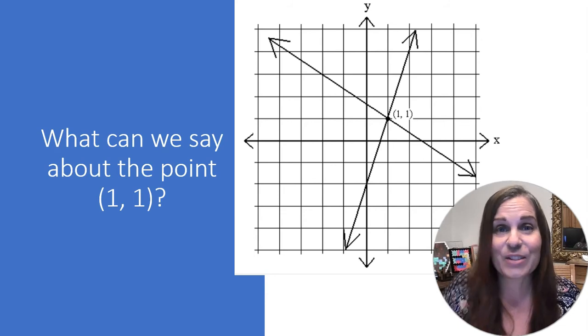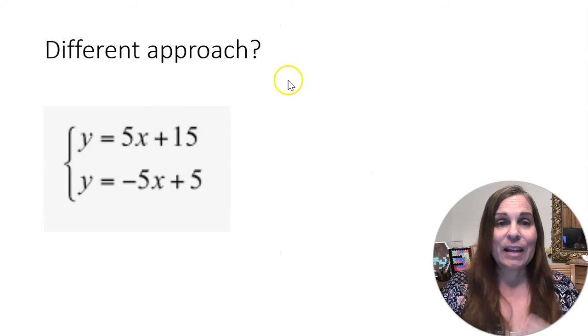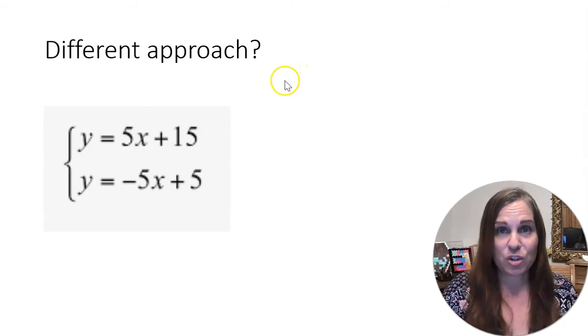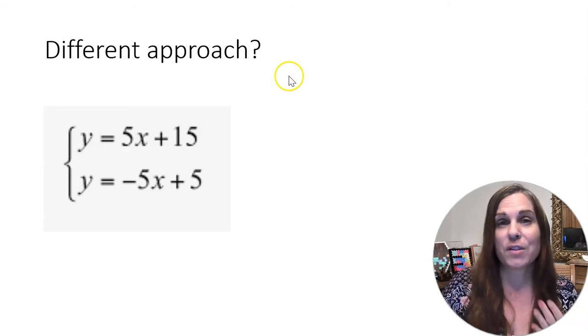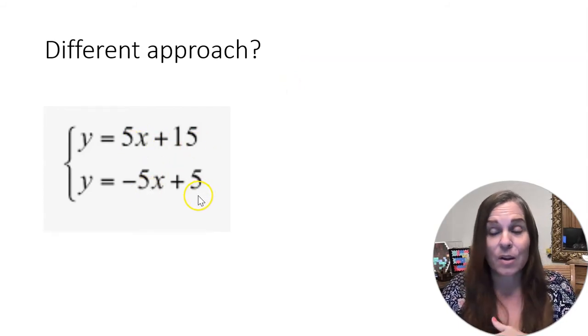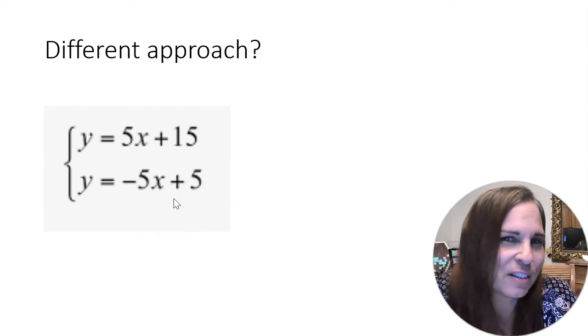All right, so let's take a look at one more. In this one, we have two equations, but they both start off the same. So think about this. If both of these right sides are equal to the same thing, then wouldn't they be equal to each other?